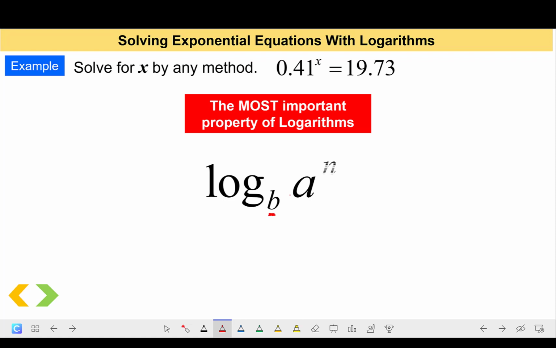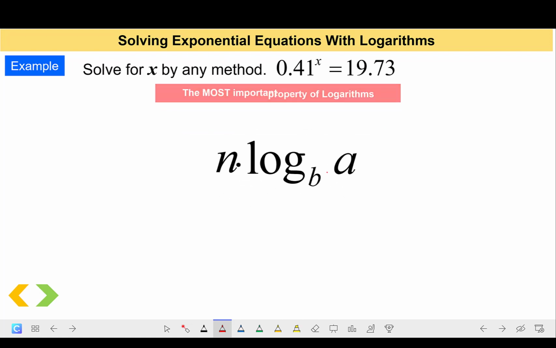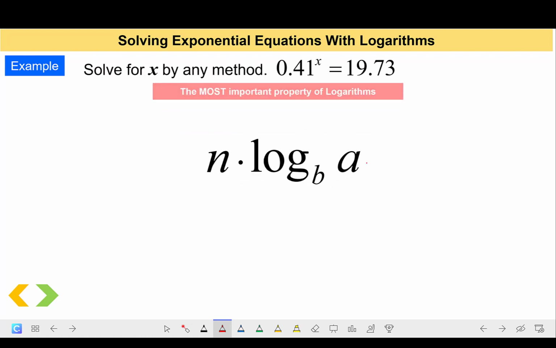Now, if I take the argument and raise it to a power, we can re-represent this. We can rewrite it like this, and remember, this has to be an exponent on the argument here. They are completely equivalent.